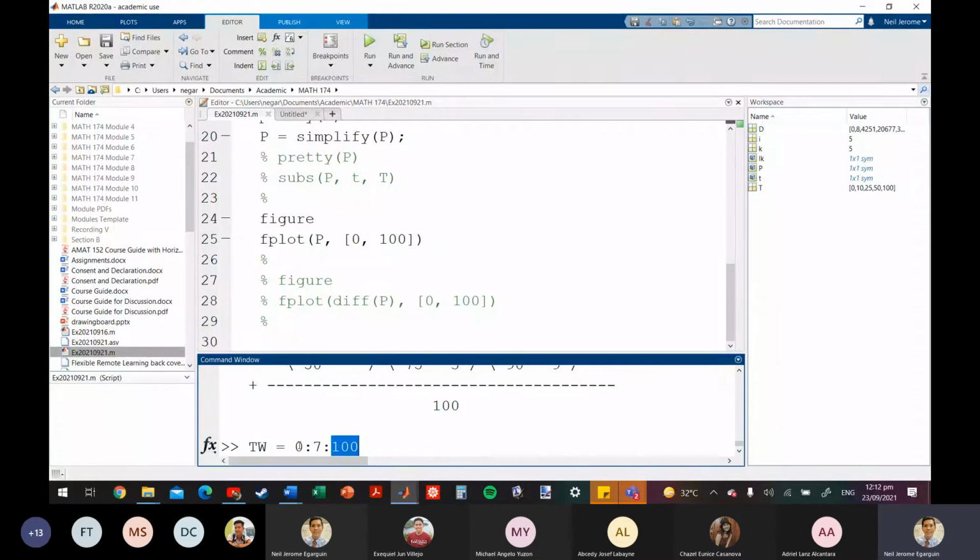So ito yung syntax para bumuo ng vector starting from the first number, ending at or not exceeding the third number with increment the middle number. Hopefully tama yung syntax ko. So let's see. I'll enter that. Mukhang mali yung syntax ko. Try ko nga 0, 100, 7. Tama ba?